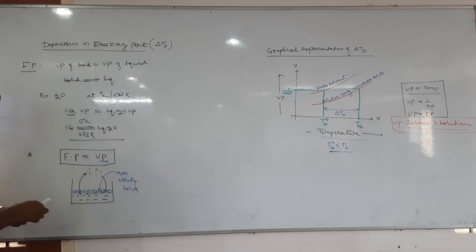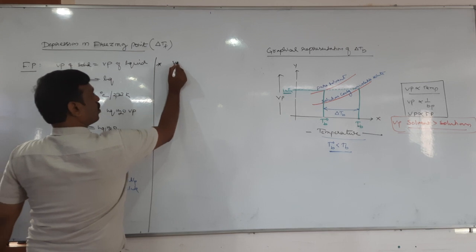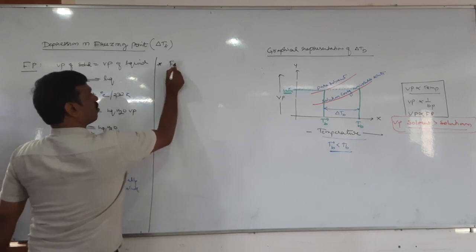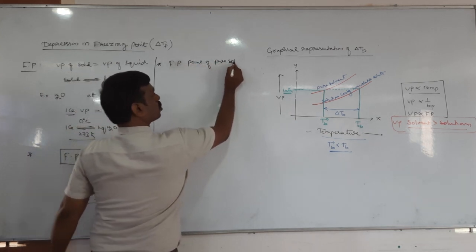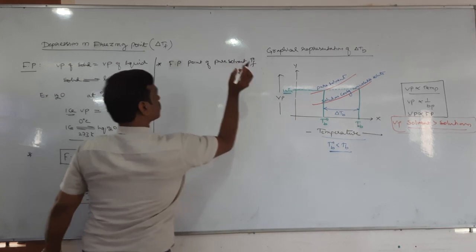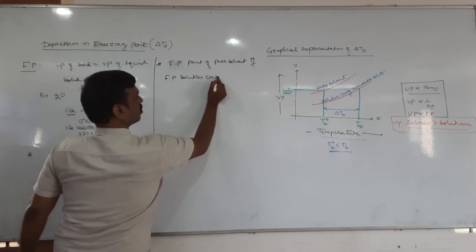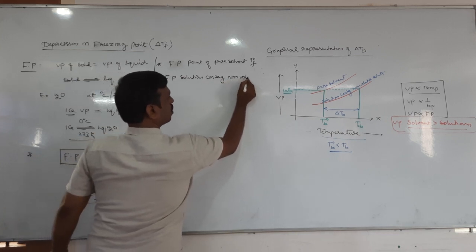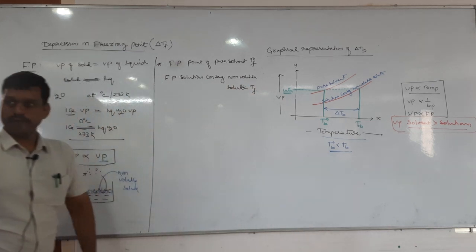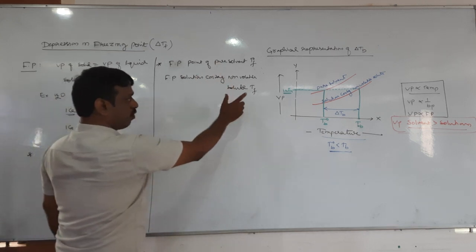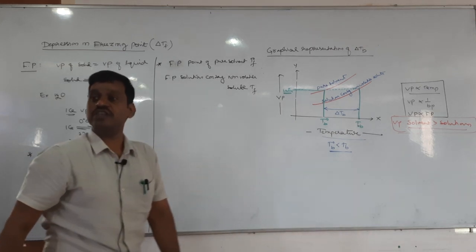So now, tell me, the question is this. Let the freezing point of pure solvent be T0F, and the freezing point of the solution containing non-volatile solute be Tf. Among T0F and Tf, which is greater?